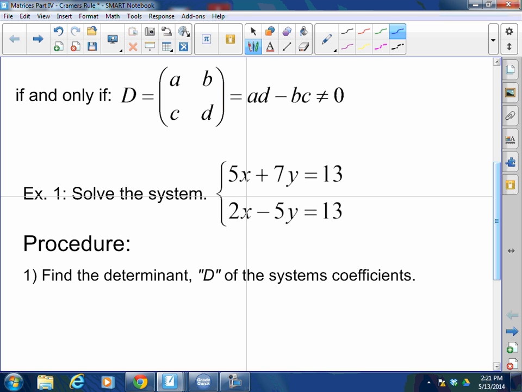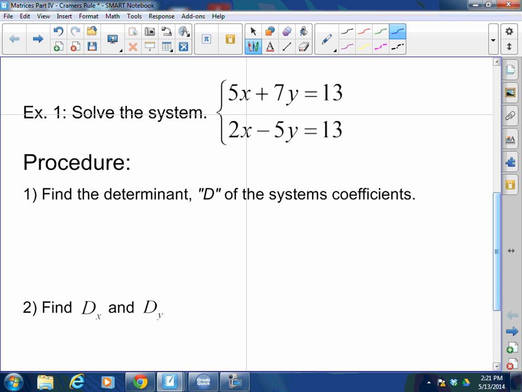Super simple. Let's solve the system 5x plus 7y equals 13 and 2x minus 5y equals 13. First things first, find the determinant d. Why? Because I'm going to divide the determinant d into both the determinant of x and the determinant of y. So the determinant d only works with the coefficients.